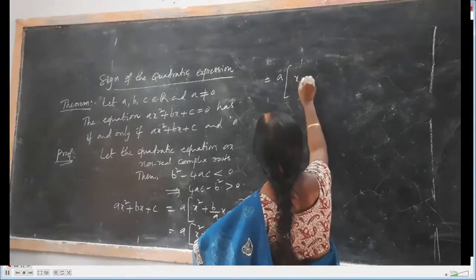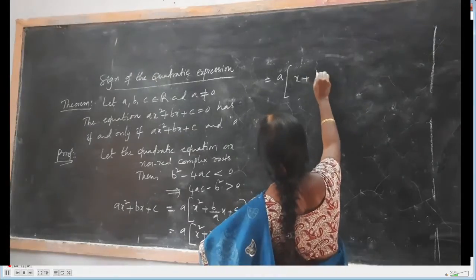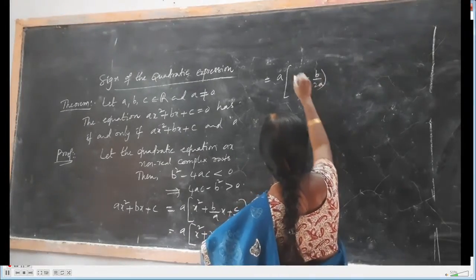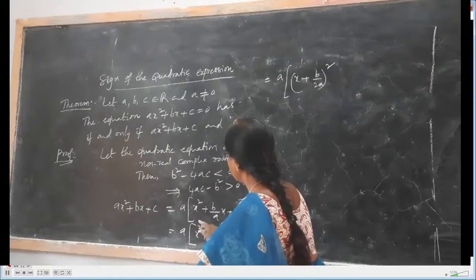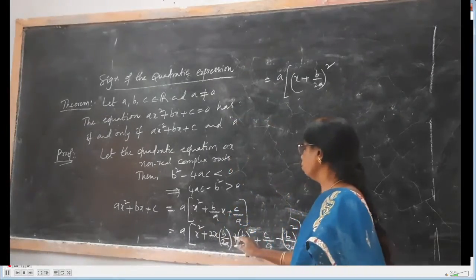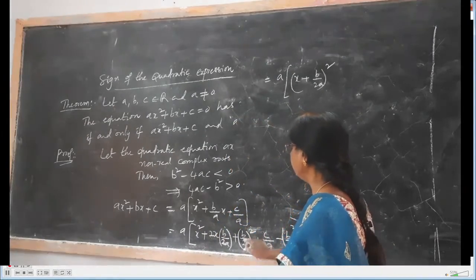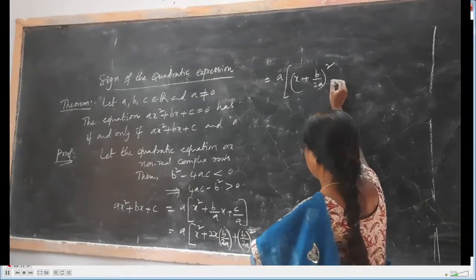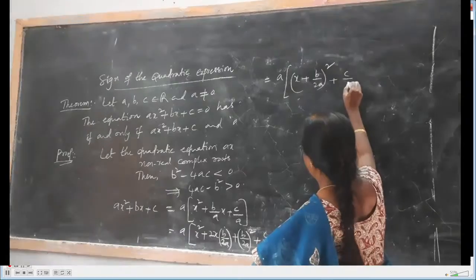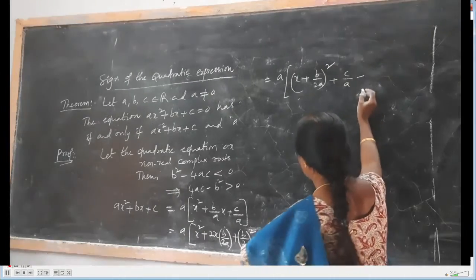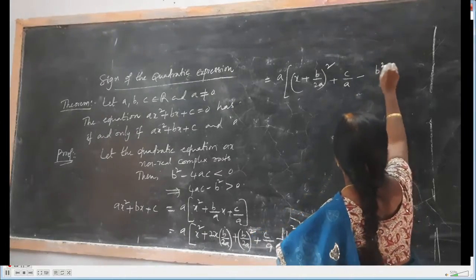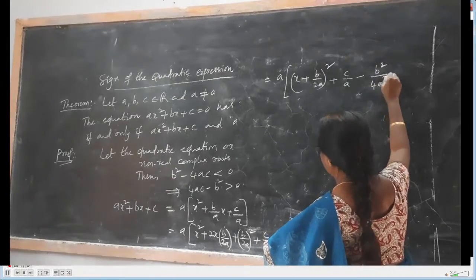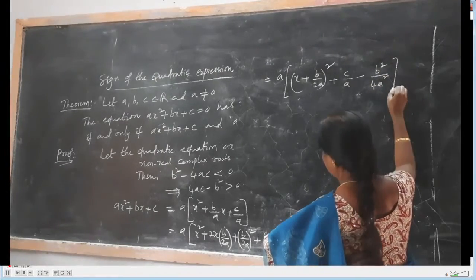How can I write x plus b by 2a whole square? See, a square plus 2ab plus b square, b by 2a whole square. Okay, plus c by a minus b square by 4a square, 2a whole square.